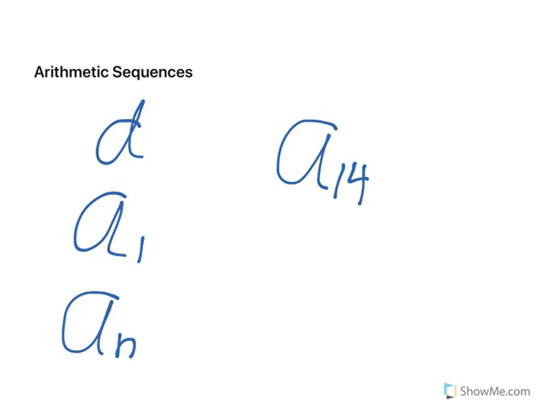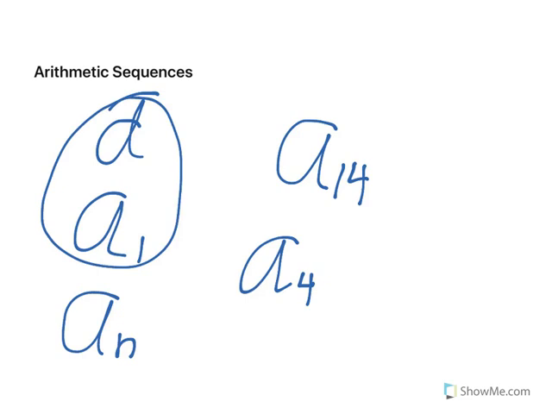Or, what is the 4th term? You're looking for a sub 4. These are the important things to know to be able to determine anything else in there. You need to know the common difference, and you need to know a sub 1. Now in the next videos, we'll look at how to do that.